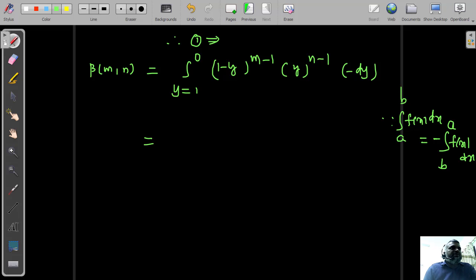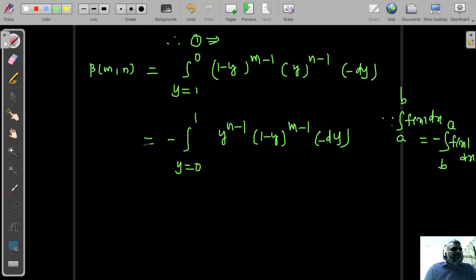When you apply this, the limits y from 1 to 0 become minus the integral of y from 0 to 1. Interchanging limits, there is no change in the integrand: y power n minus 1 times 1 minus y power m minus 1 times negative dy. Now this minus and the outside minus both become positive.